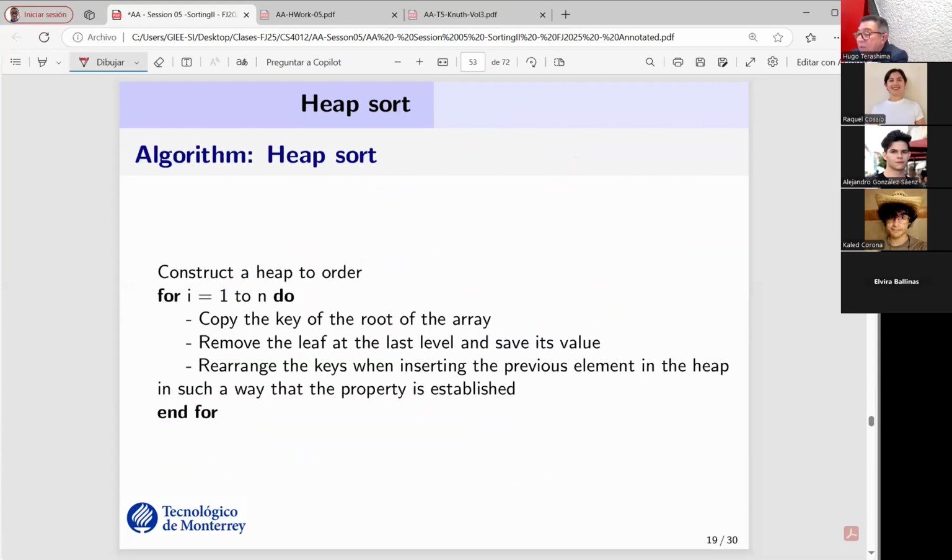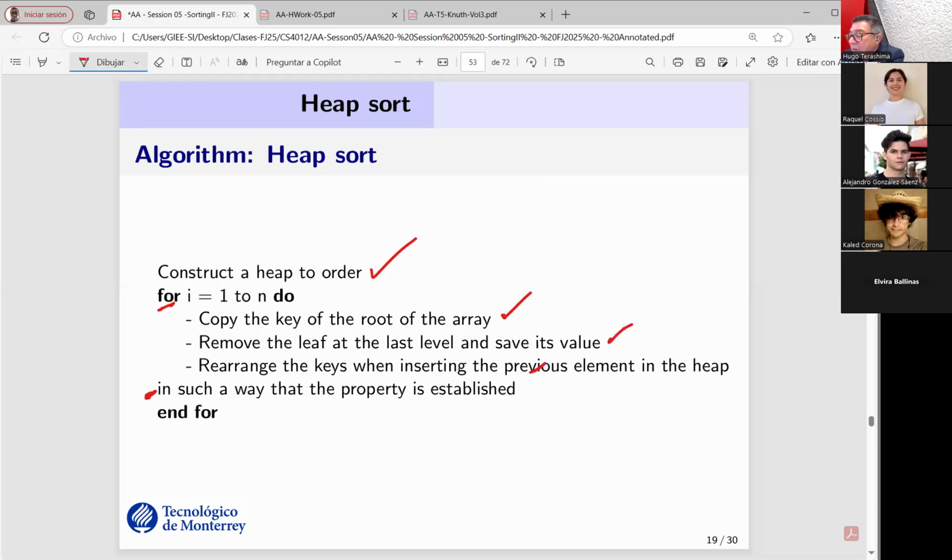So the algorithm is going to look like this. Construct the heap. That's the first step in the algorithm. And then you do the cycle. Copy the key of the root of the array, remove the leaf at the last level and save this value.